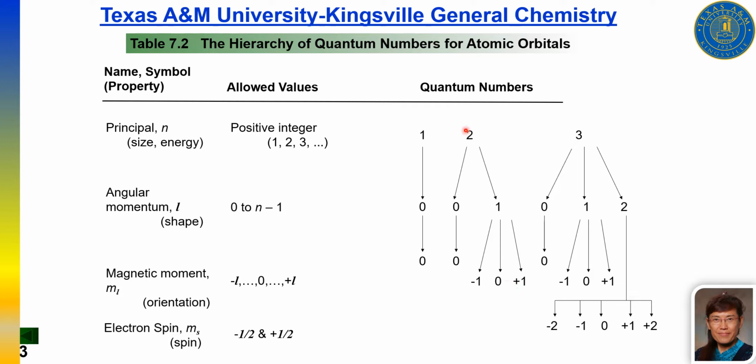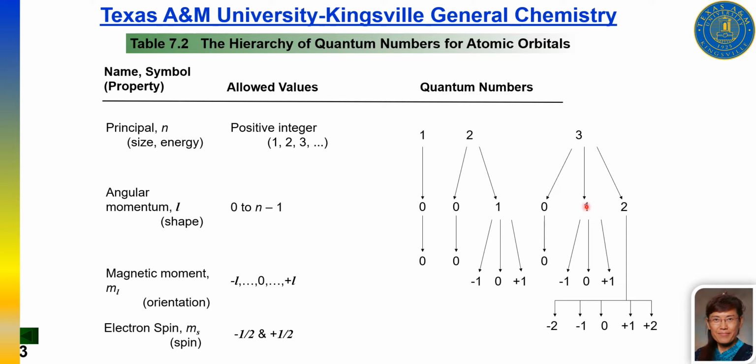These orbitals we call 2s and 2p. If your n is 3, your l equals 0, 1, and then 3 minus 1, which is 2. If l is 0, your ml can be only 0.